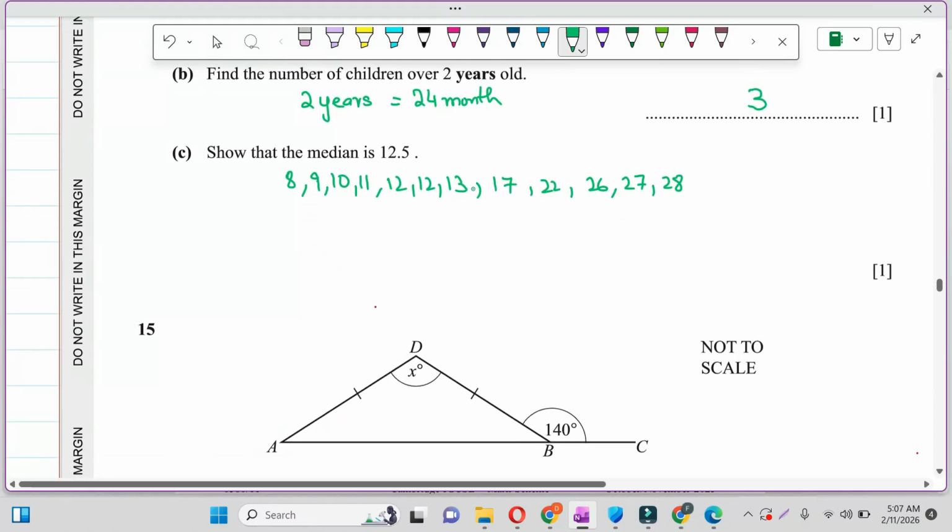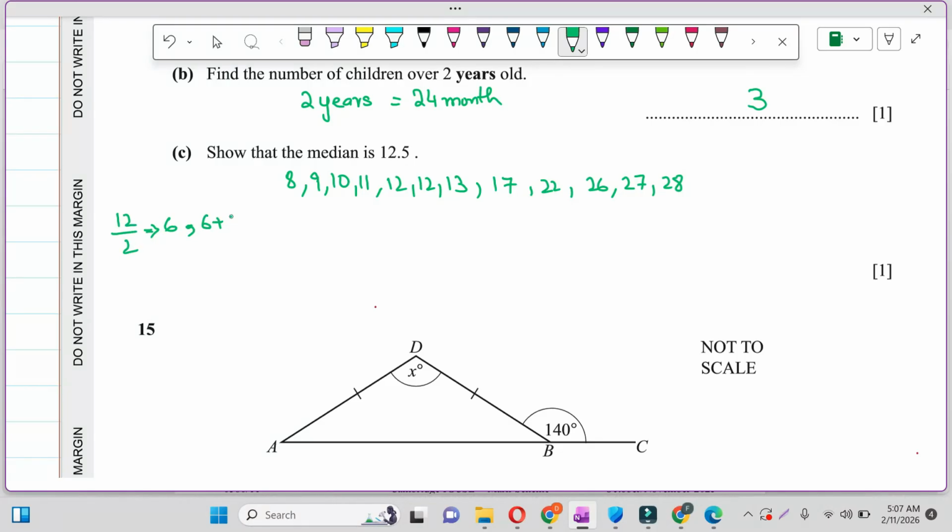We need to find the median. We know that there are 12 values. If we have an even number of values, first we divide by 2, so we will have 6. Then we take the 6th and 7th values and divide by 2, meaning we take the mean of the 6th and 7th values.